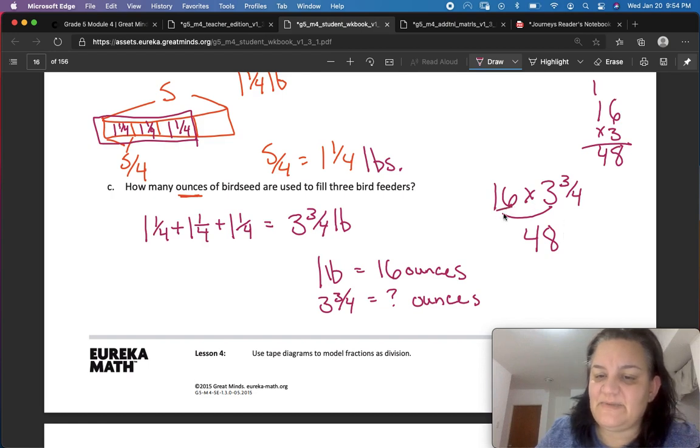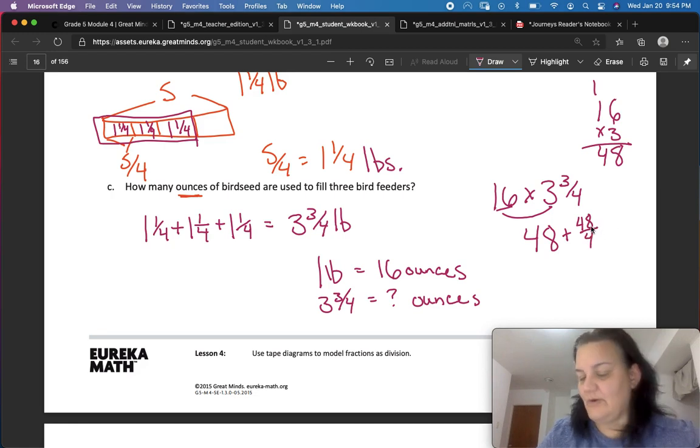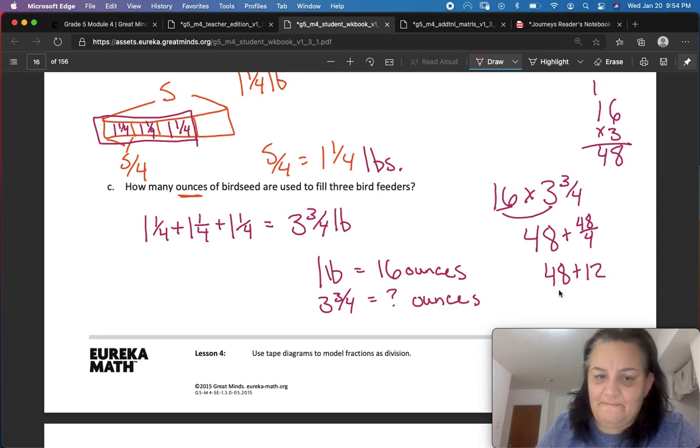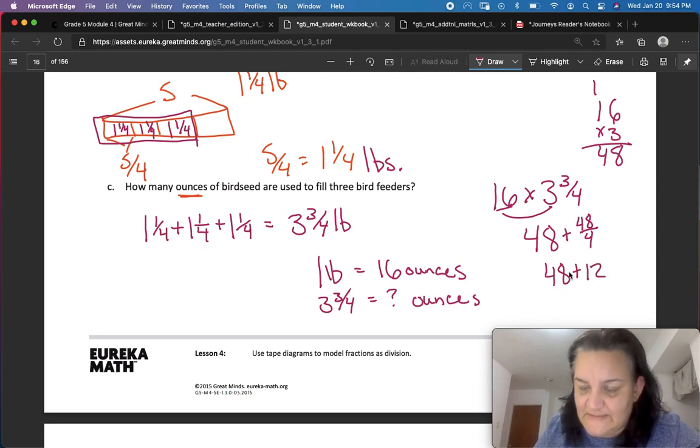Well, we're just going to multiply across. 16 times 3, again, is 48, but this time the fourths is underneath it. And we all know that 48 divided by 4 equals 12. So it's actually 48 plus 12, which equals 60 ounces.